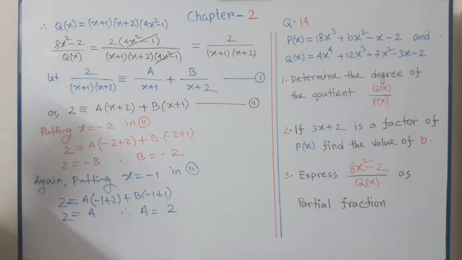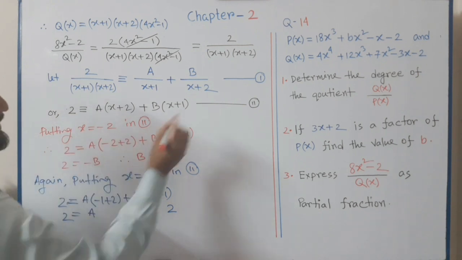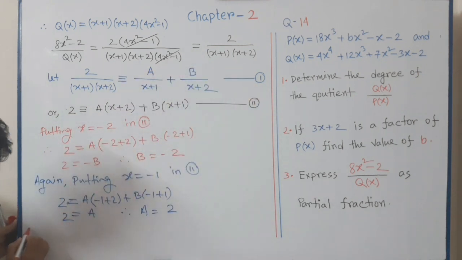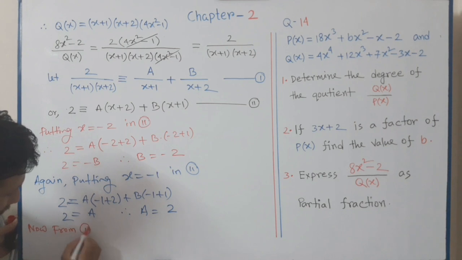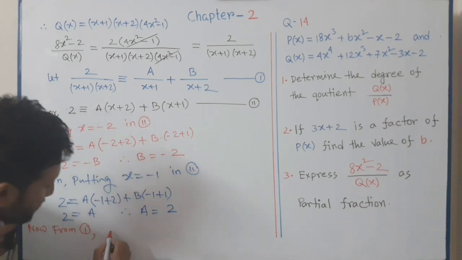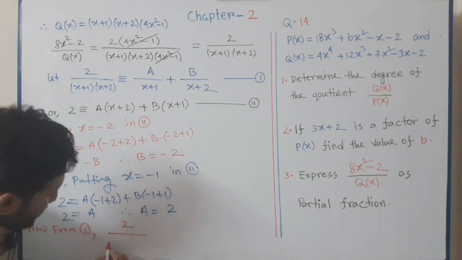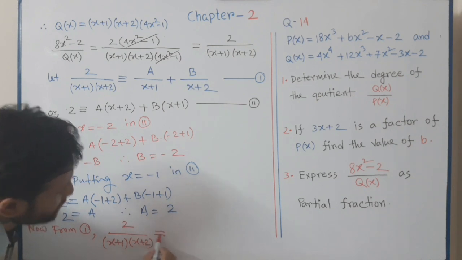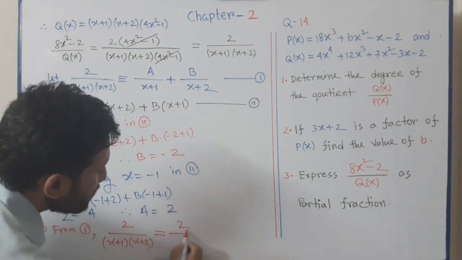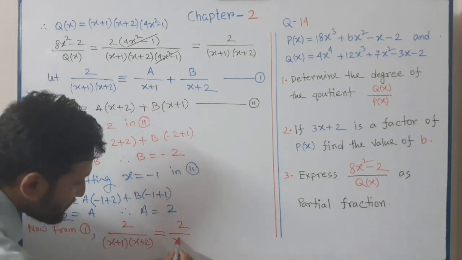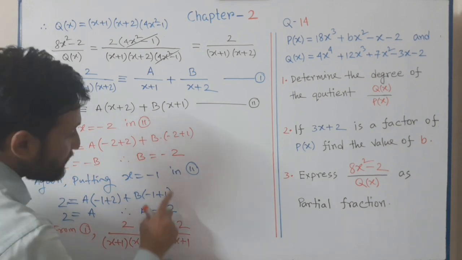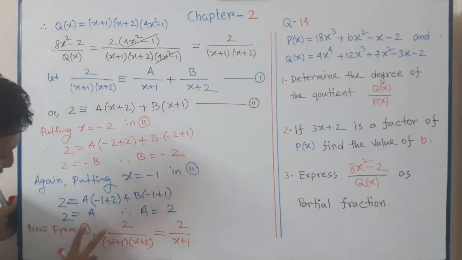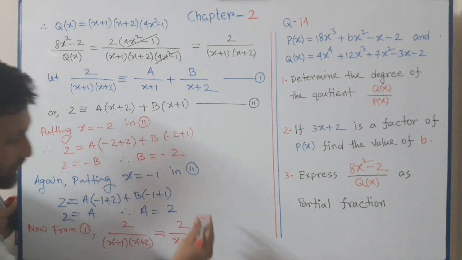Now from 1, putting the values of a and b, we can write 2 divided by x plus 1 into x plus 2 equal a, the value of a is 2 and the denominator is x plus 1 here, and then the value of b is minus 2.